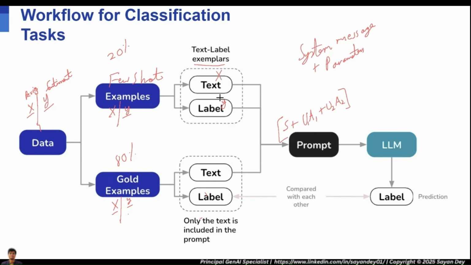Even this is a hyperparameter. You can also choose how many examples you should have. Should you have 2 examples, 3 examples, 5 examples? How many text label exemplars you want to have, you can actually choose that. So even that is a hyperparameter.